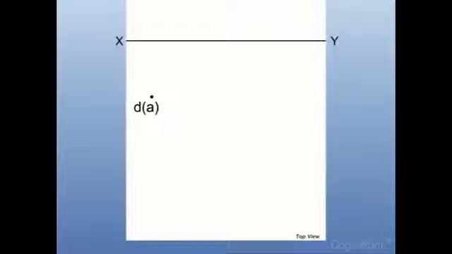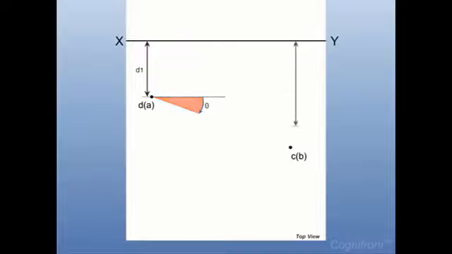For this, first locate point DA below the reference line XY at D1 units. Measure an angle theta and locate point CB at D2 units. Then draw a line DACB.